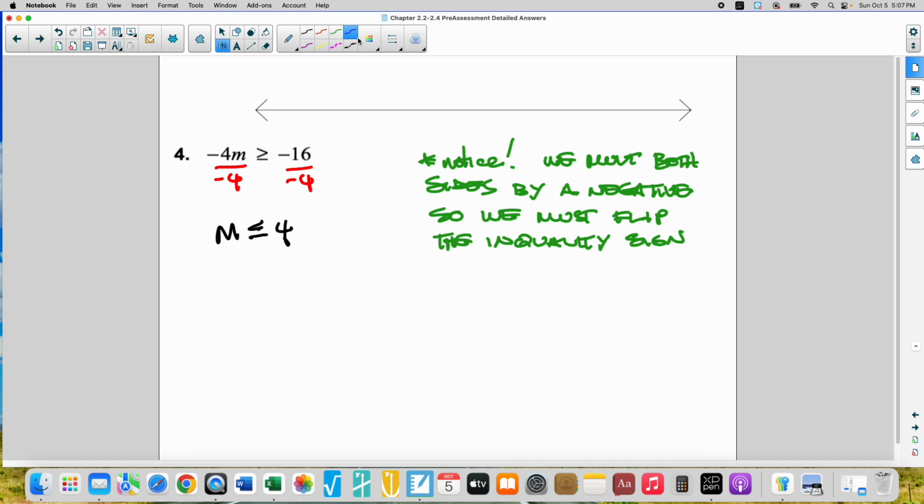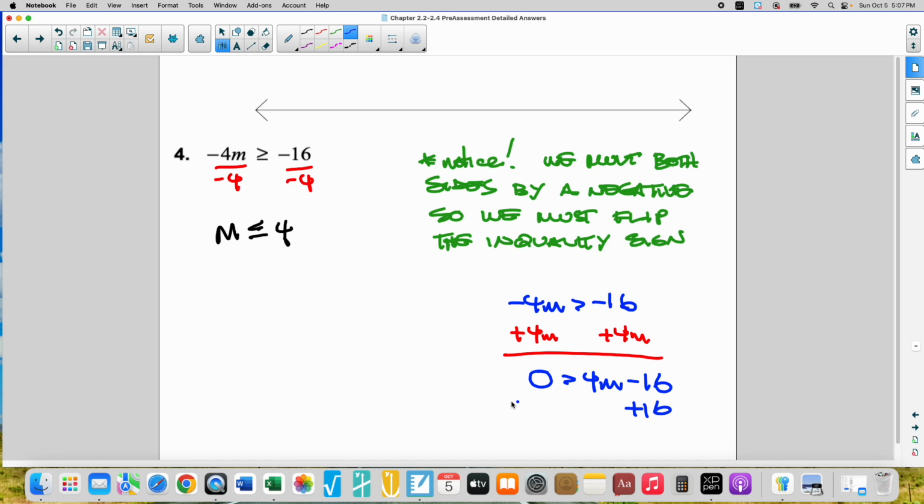Because, I'll show you. Negative 4m is greater than or equal to negative 16. Now, my issue is I've got a negative 4m. If I add 4m to both sides, notice what happens. We get 0 is greater than 4m minus 16. So now it went from my solutions being greater than to my solutions being less than. And the reason is I turned it from negative to positive, and the way you do that is you move it across the inequality sign.